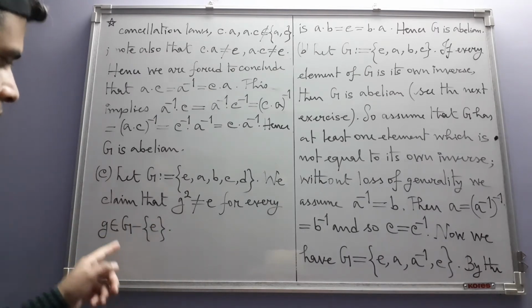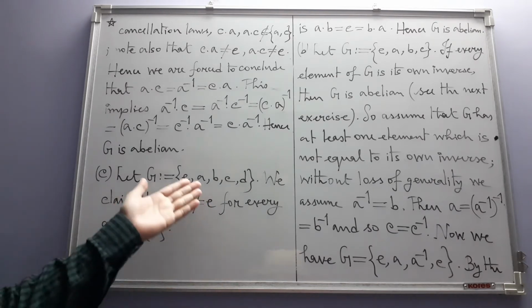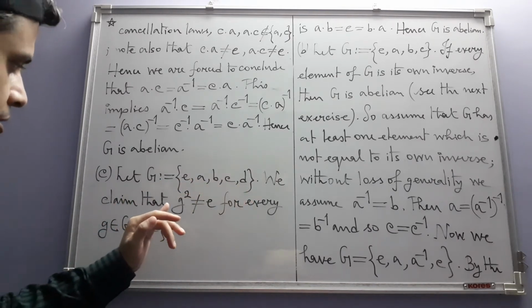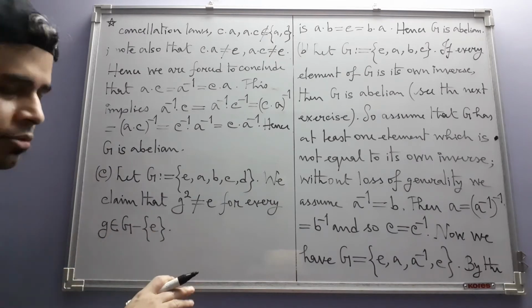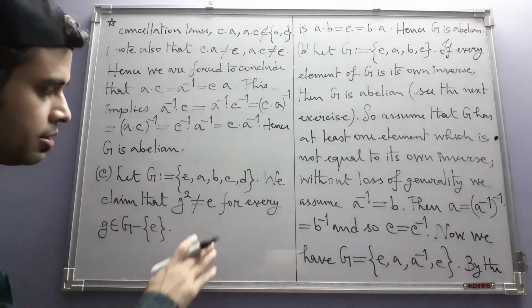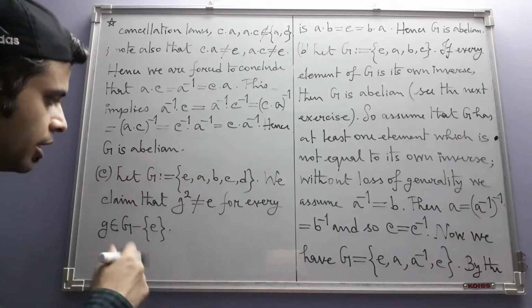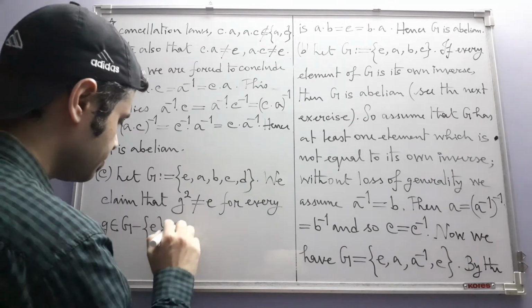So here we are claiming that if we take any non-identity element from this group, then its square is also not equal to the identity. And this claim will be proved by way of contradiction. We will assume that no, that is not the case. There is some element whose square is the identity, some non-identity element.